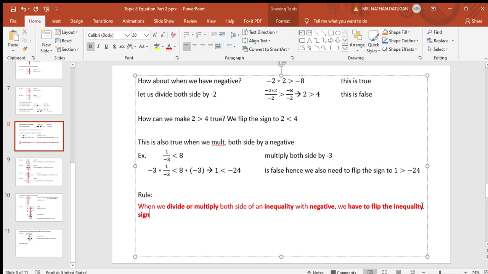So don't forget, when you're dividing or multiplying by a negative, flip the sign, because I had students that forget to flip the signs, but they did all the process correct and they're going to get their answers wrong. So be careful on that.